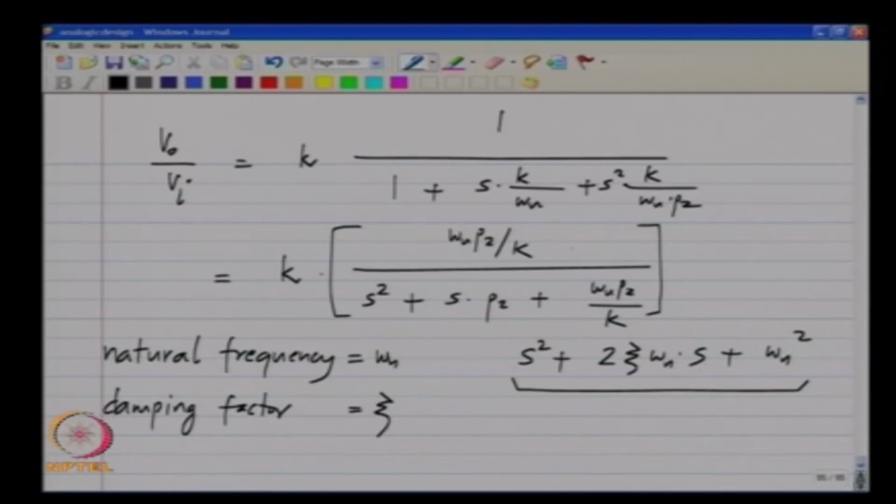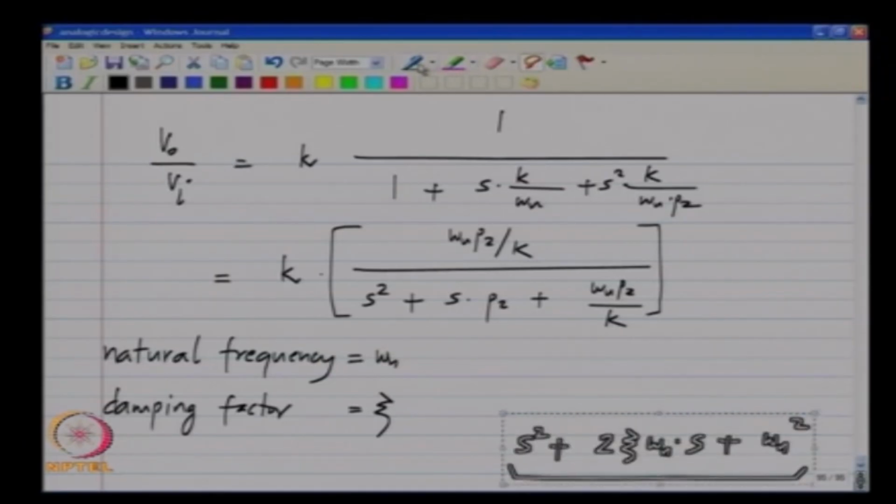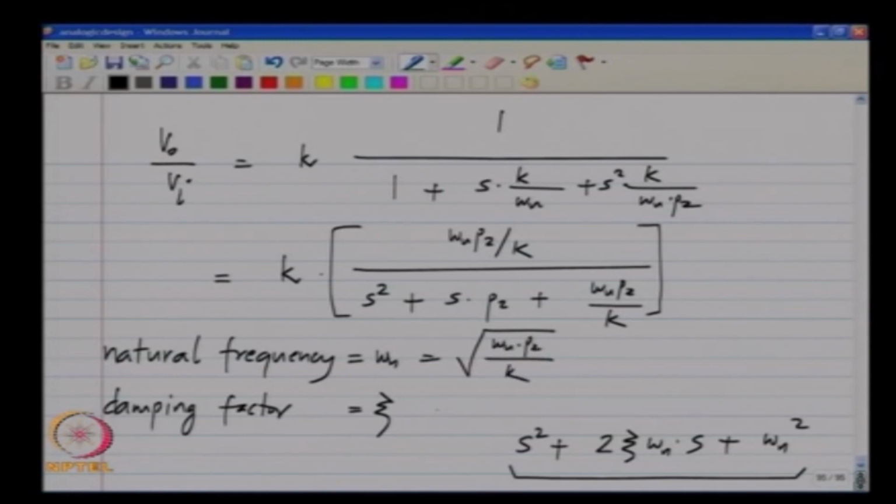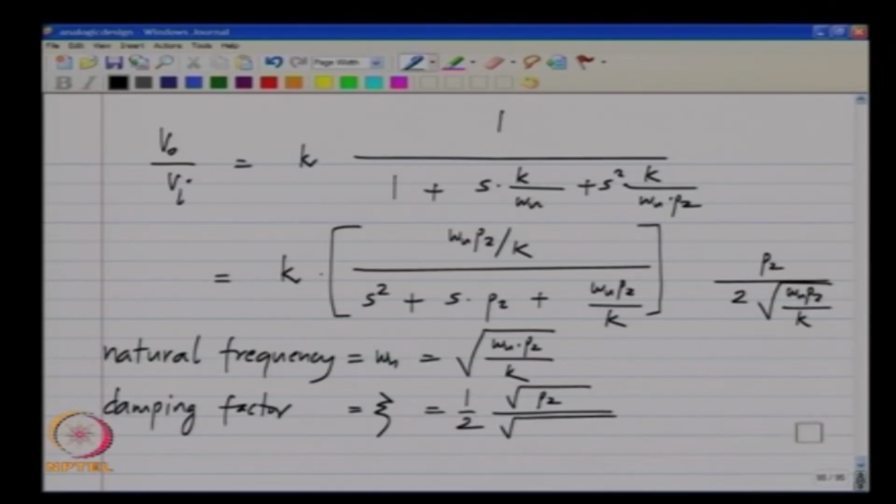So, omega n comes out to be square root of omega u times P 2 divided by k, and zeta turns out to be P 2 divided by 2 divided by omega n, which is omega u P 2 divided by k. Okay. And I will write this as half square root of P 2 divided by square root of omega u by k.